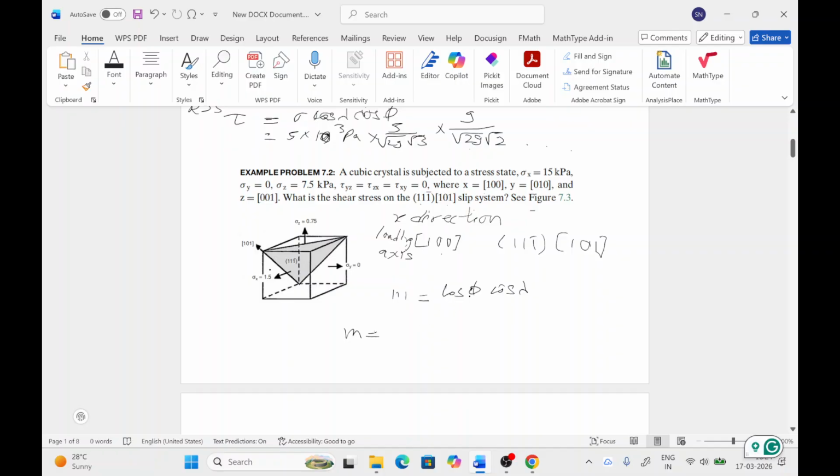So M will be cos phi between the slip plane and loading axis: 1 into 1 plus 0 plus 0, divided by root 1 and root 3 multiplied. Then cos lambda between the loading axis and the slip direction: 1 into 1 plus 0, divided by root 1 and root 2. So we can write it as 1 by root 6.